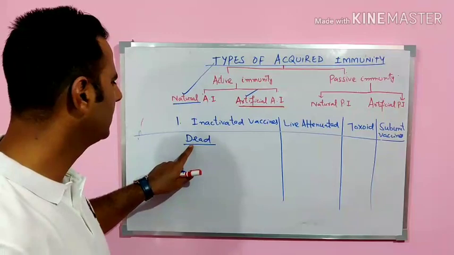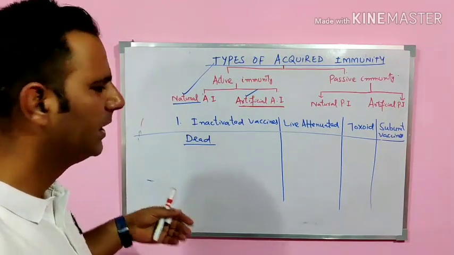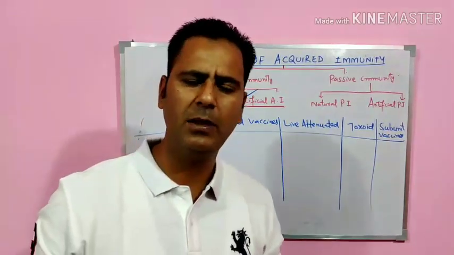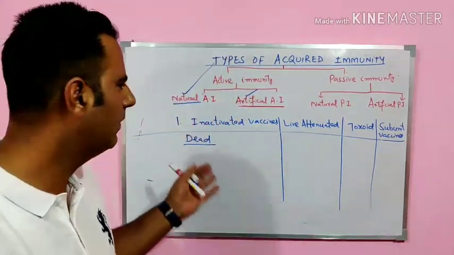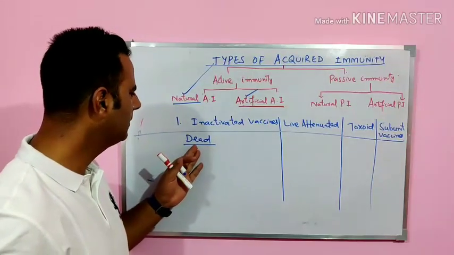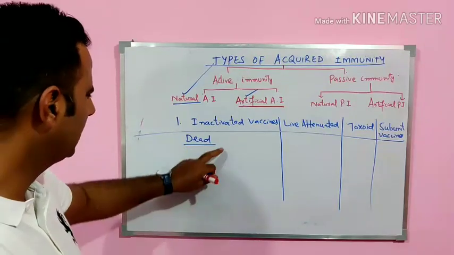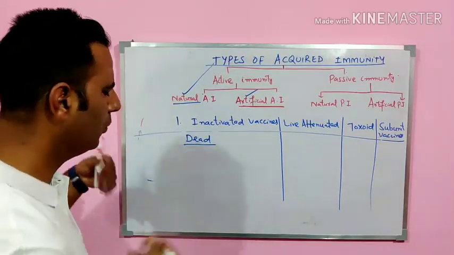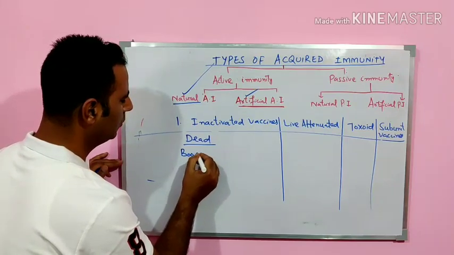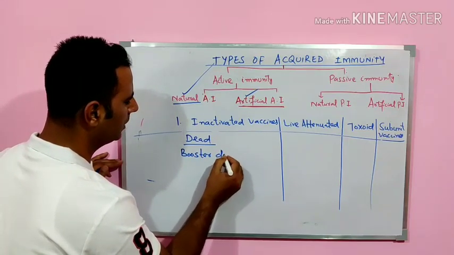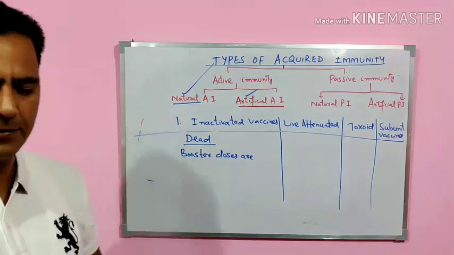We are using dead microbes, and these dead microorganisms may be given by the IV route, intramuscular route or subcutaneous route, whatever route is available. And this vaccine is going to evoke an immune response. But since we are using dead organisms, such vaccines often require booster doses. Booster doses are desired in such vaccines.